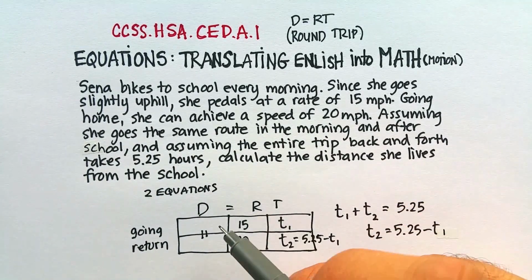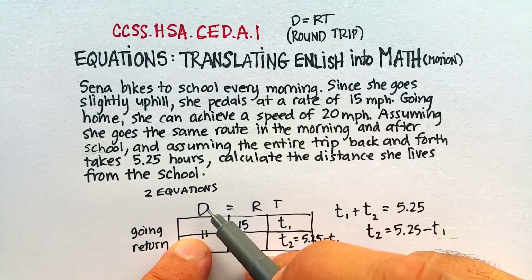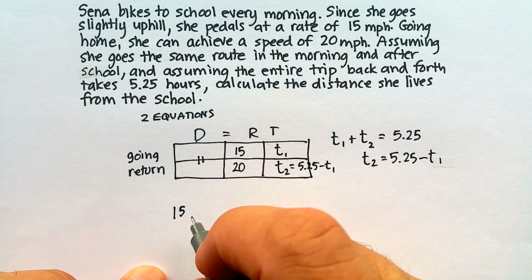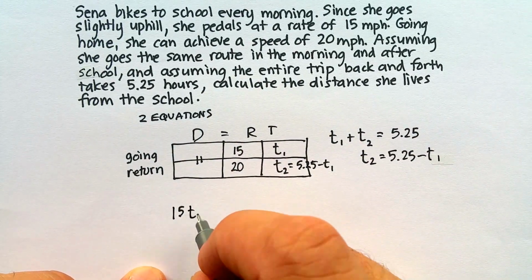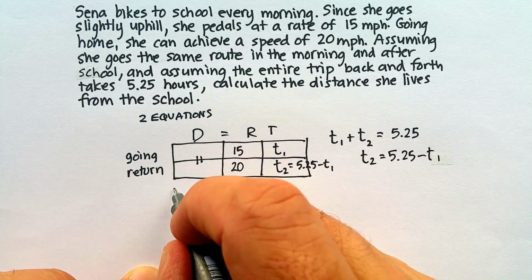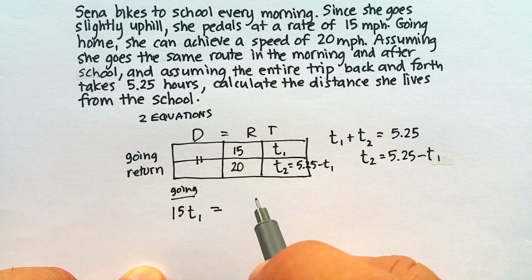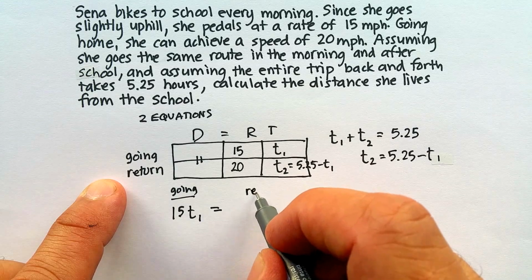Now, we do know that the distance going is going to be equal to the distance back, but we also know that the distance is equal to 15 times T sub 1. So 15 times T sub 1, and that's going, all right? We'll call that going. And that should be equal to the distance returning.